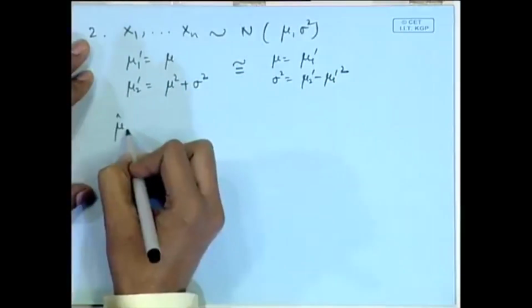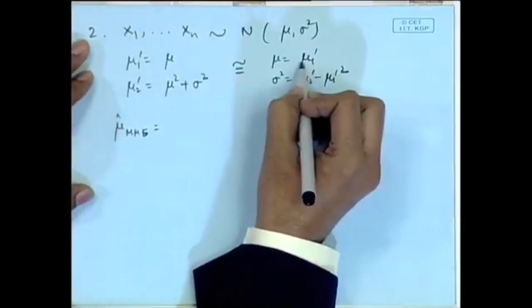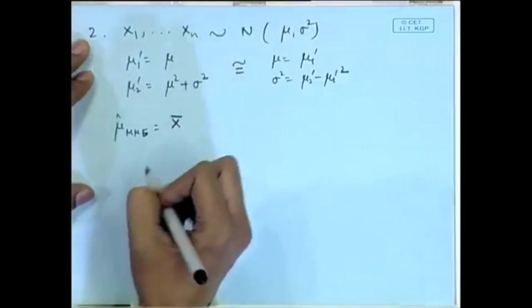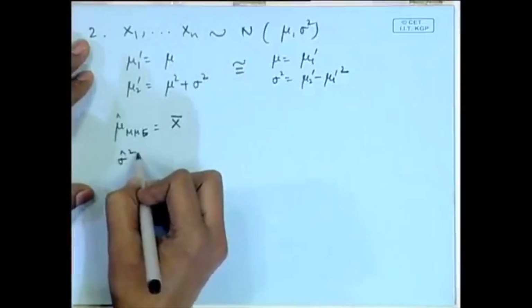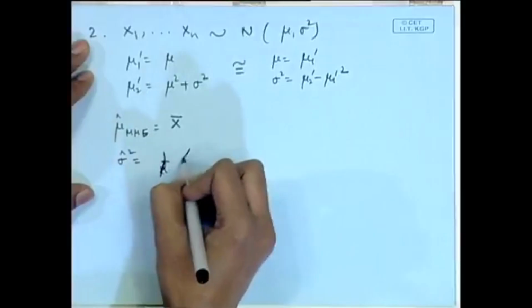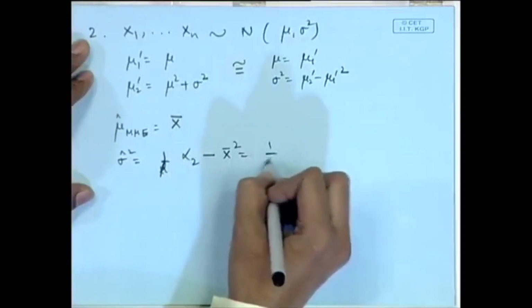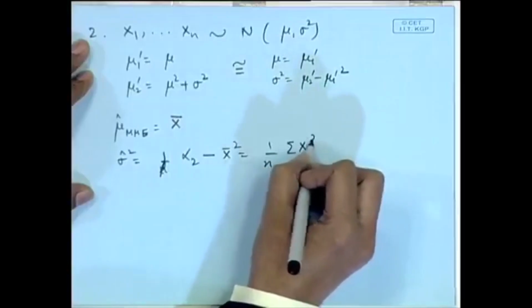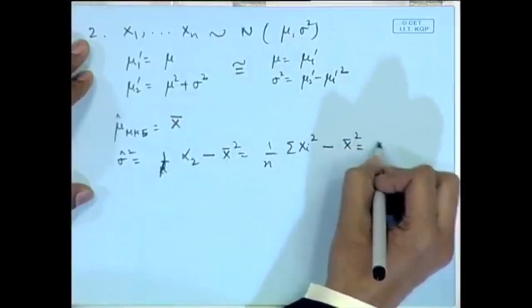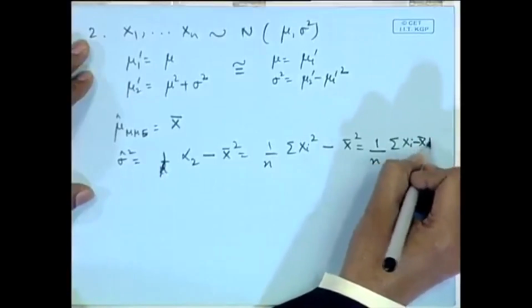So, method of moments estimators will be, for mu it will be simply x bar, and for sigma hat square this will be 1 by n sigma x i square minus x bar square, which we can write as 1 by n sigma x i minus x bar whole square.